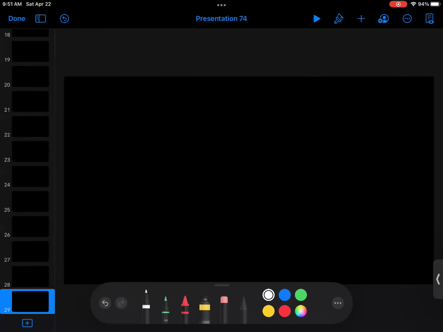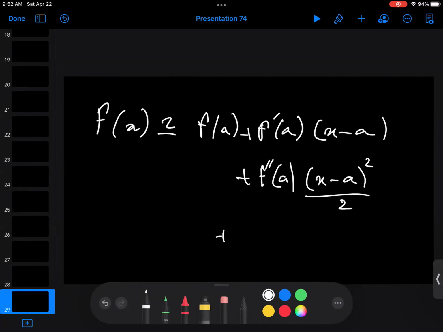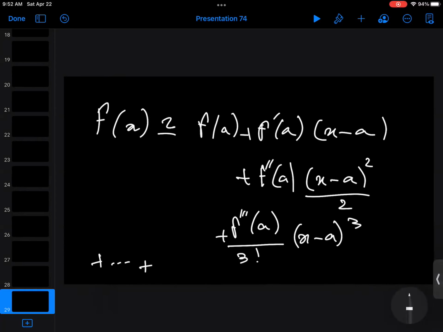And what is called the Taylor formula is that you can approximate f of x by f of a plus f prime of a times x minus a, plus, if I want to take into account the second derivative, f second of a times x minus a squared divided by 2, plus f third of a divided by factorial 3 times x minus a to the third, and you could go again and again until the derivative of order n of a divided by factorial n times x minus a to the n.